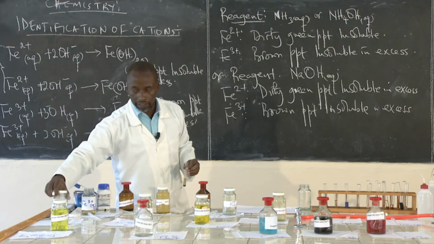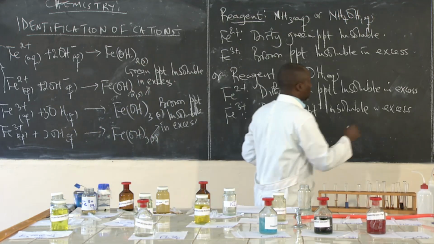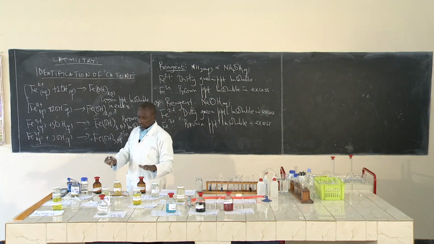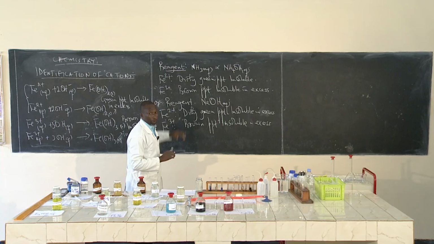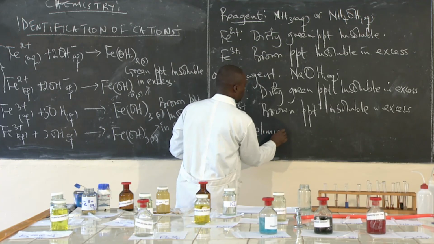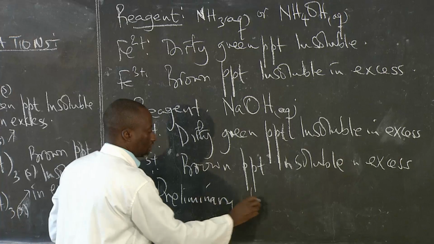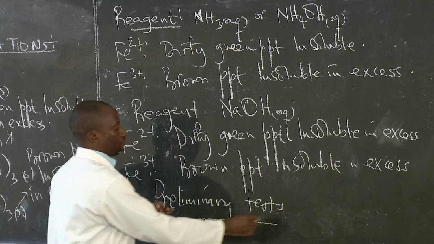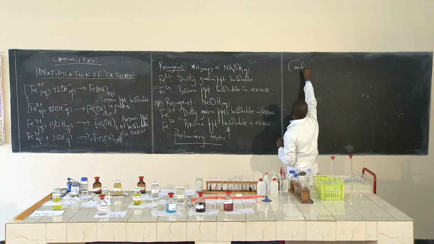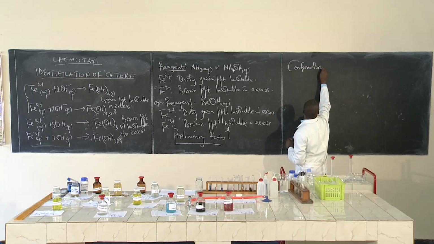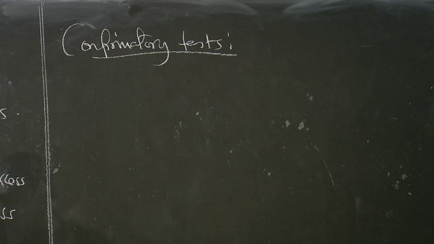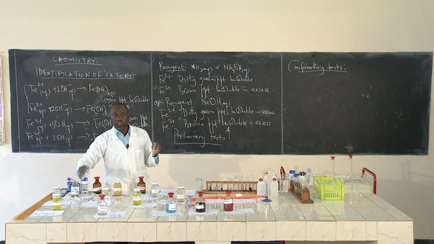Or you can use potassium thiocyanide. The potassium thiocyanide, this is another reagent. And then, if you remember, I said these two are called preliminary tests. And then we have confirmatory tests. In the confirmatory tests, there are three different reagents.